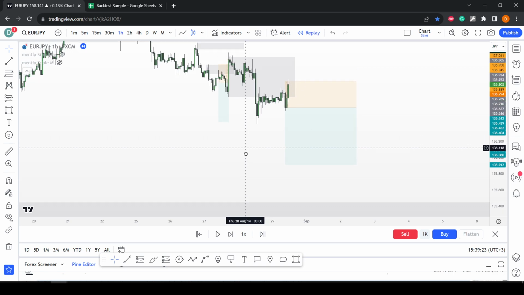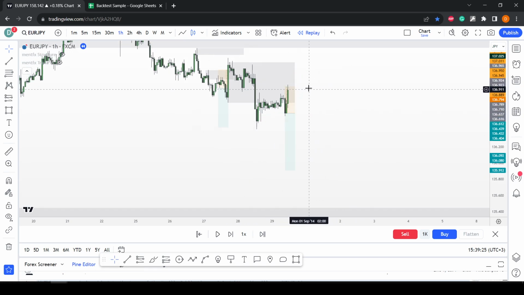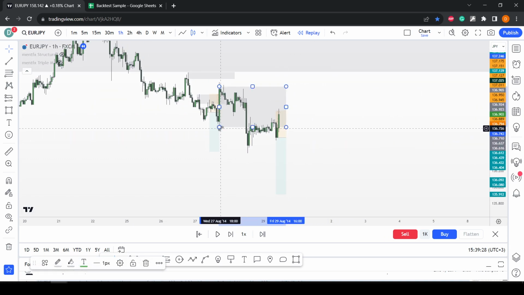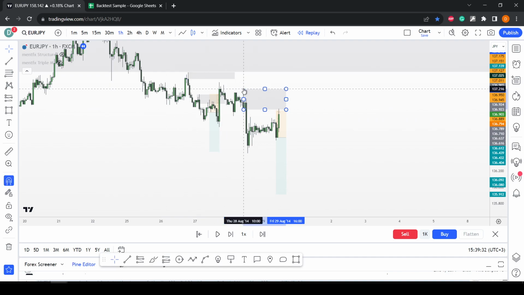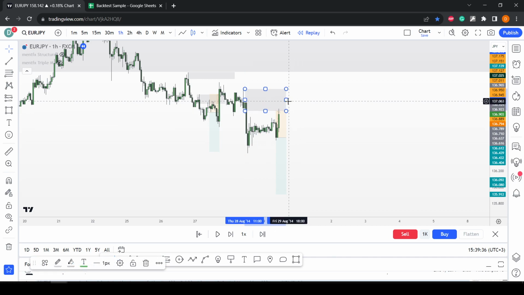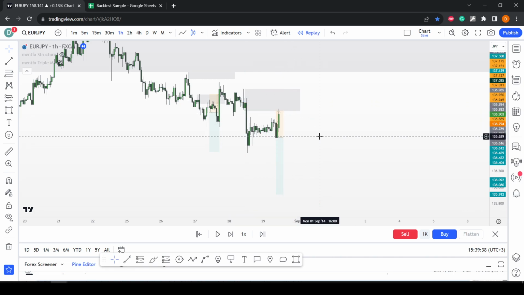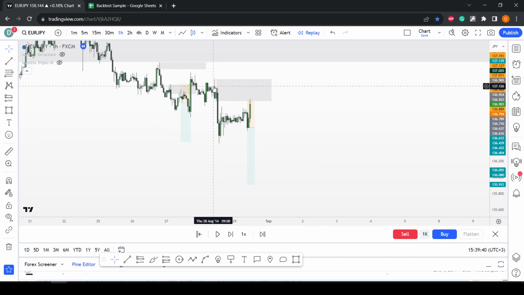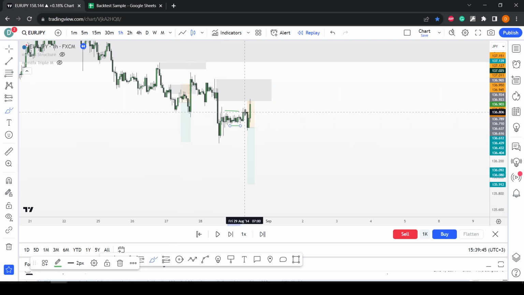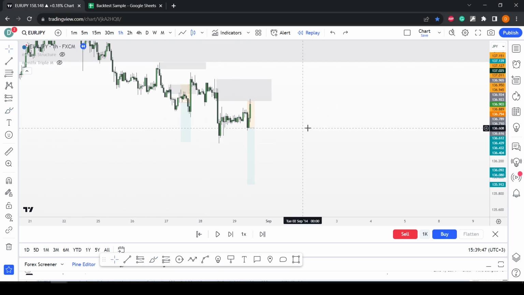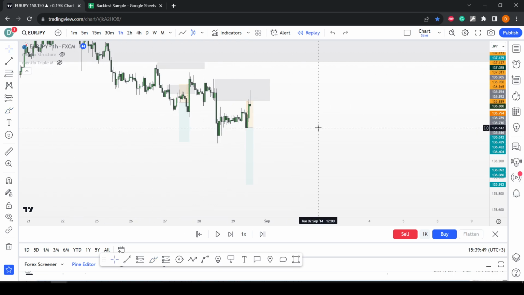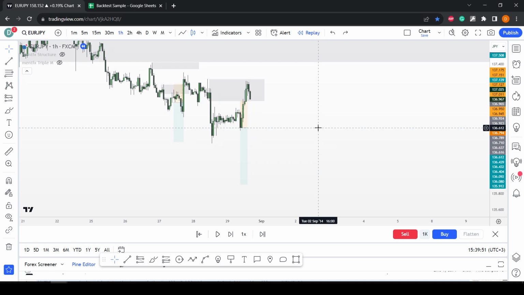And we've got a loser here, and now we have this zone. Yeah, we have this zone, we have mitigation now. Because we have created these internal structures already, I want to see some 2.0s or ICI to the downside.